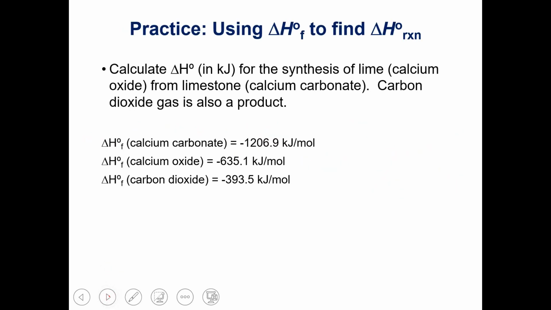Okay, let's try one more example here. Calculate delta H in kilojoules for the synthesis of lime, which is calcium oxide, from limestone, which is calcium carbonate. And we're told that carbon dioxide gas is also a product. So we're not given the equation, but we can write it from what we're told here.